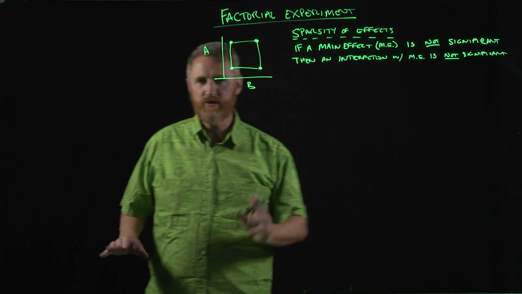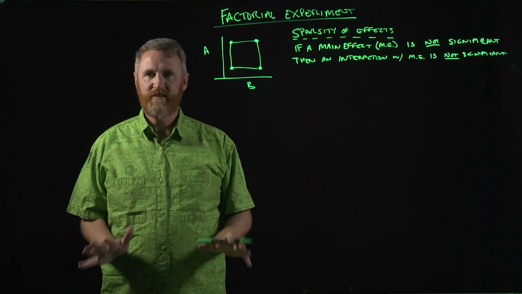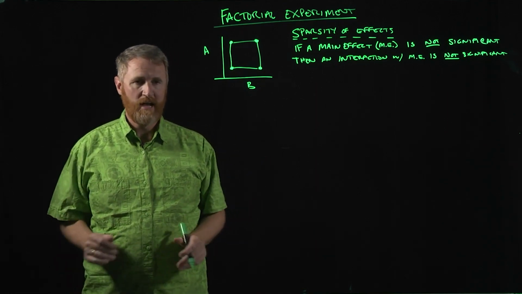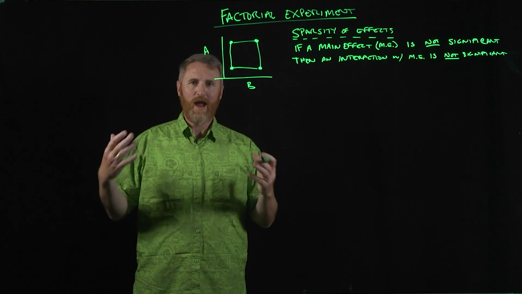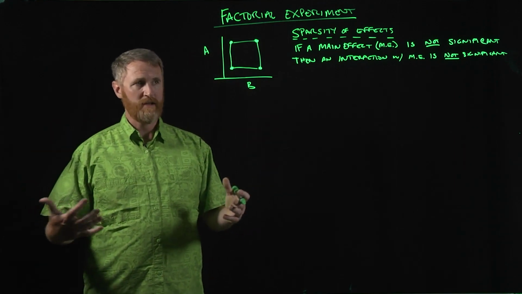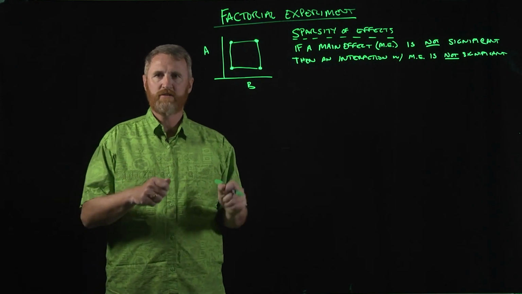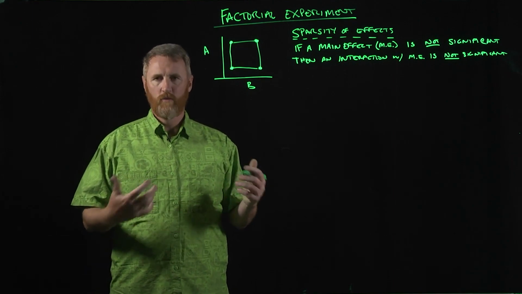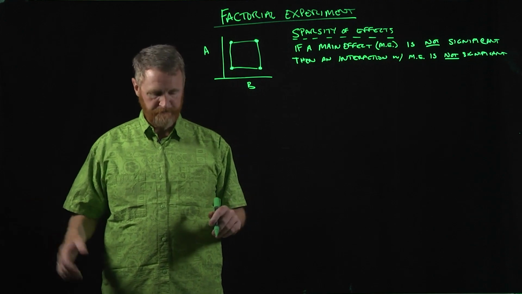Now, it's important for me to stress that this is not a steadfast rule. It's not a law. It doesn't happen all the time. It just is that we find in practice that in, maybe I should say most experiments, if there's an interaction effect between two variables, then one of them is going to be significant.